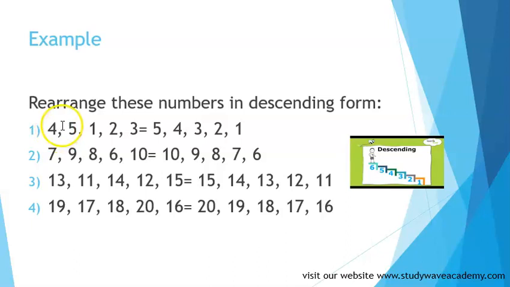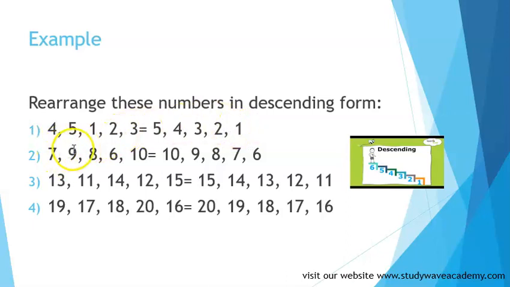We have 5, 4, 1, 2, 3. Which is the biggest number among these numbers? 5 is the biggest number, so we say 5. Before 5 is 4, before 4 is 3, before 3 is 2, and before 2 is 1. So we say 5, 4, 3, 2, 1. We do the same for the next one.